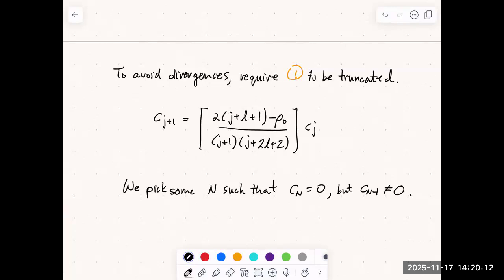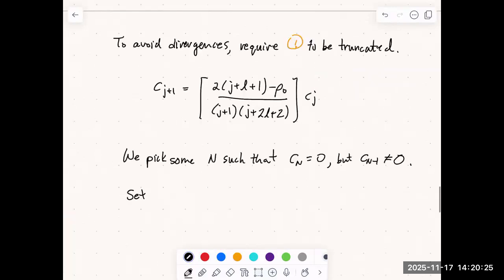But if Cn plus 1 is equal to 0, that means coefficients are going to vanish. Okay, so we set n equal to j plus 1 and force the numerator equal to 0. Okay, so let's give it a try.